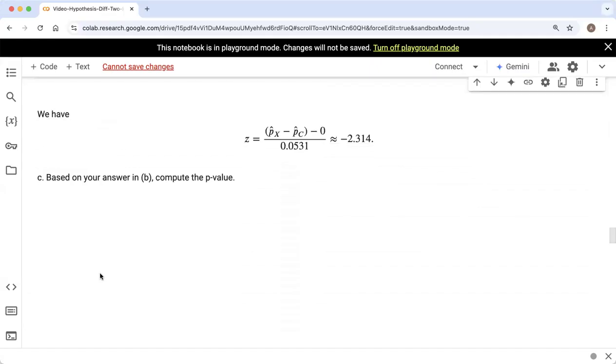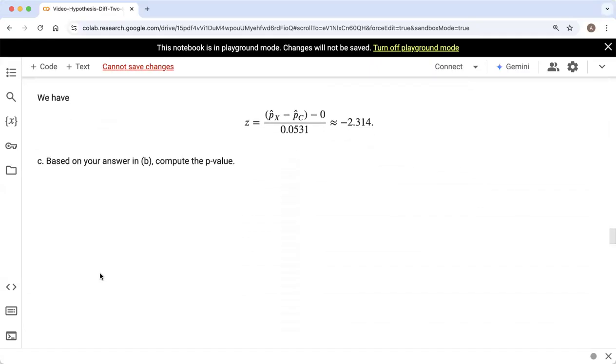And so based on the standardized test statistic, we were looking at a one-tailed test. We had a left-tailed test. Our alternative hypothesis was that P sub X minus P sub C was less than 0. We were testing the claim that xylitol was going to reduce the incidence of childhood ear infections.